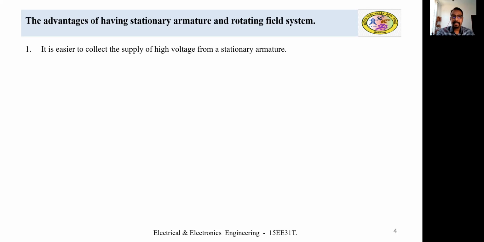So in an alternator, as the stator, that is the conductors, are stationary, it is very easy to collect a very high voltage from the stationary armature. So that is the first important point why we have a stationary armature.